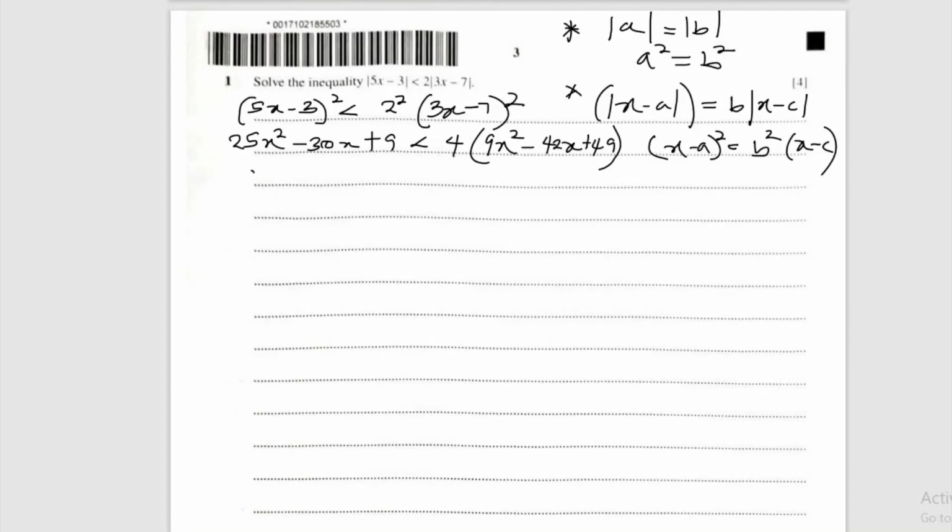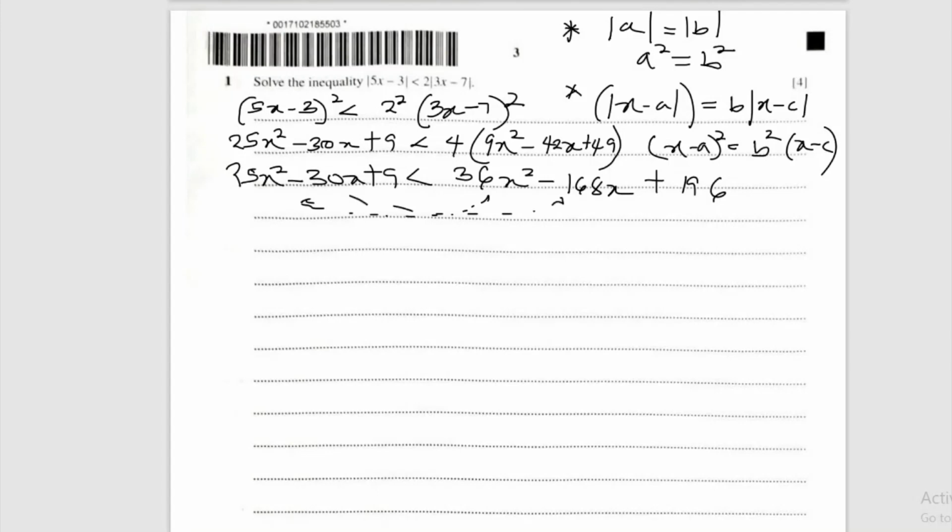Then bring this down, 25x squared, repeat it here, minus 30x plus 9 less than, open the bracket by 4. 4 times 9, that should be 36x squared. 4 times 42, 168x. 4 times 49, 196. Collect the like terms. Like terms means this one comes here, this one too comes there, and plus 196 comes there.